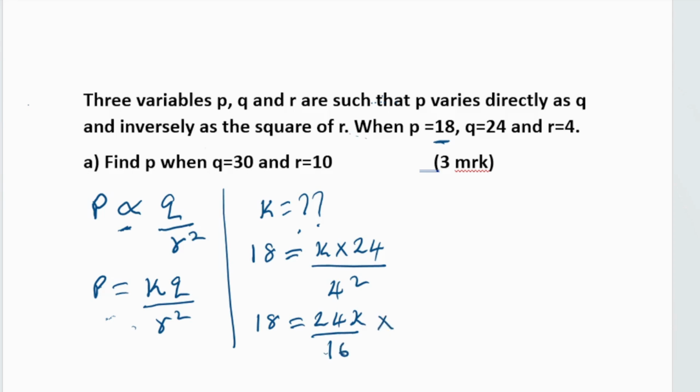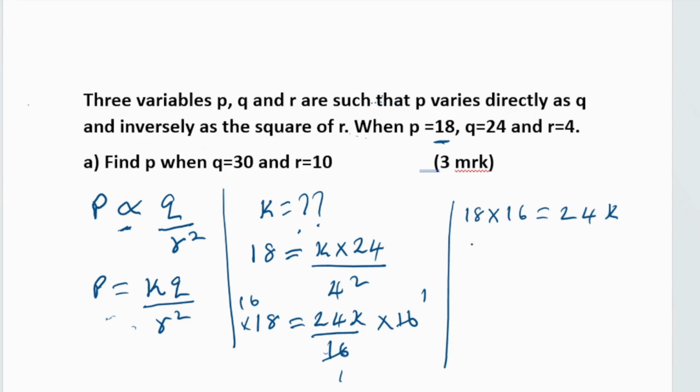Now we can multiply this side by 16 and this side by 16. These will cancel out and we are left with 18 times 16 is equal to 24k. Now 18 times 16 is 288.